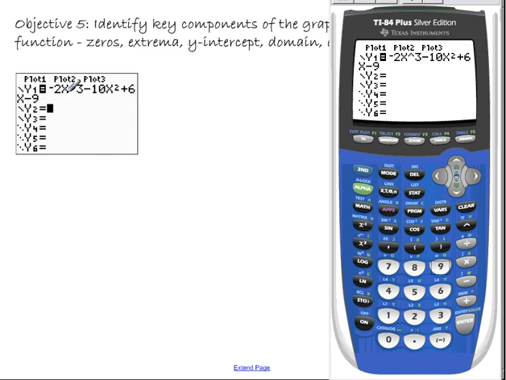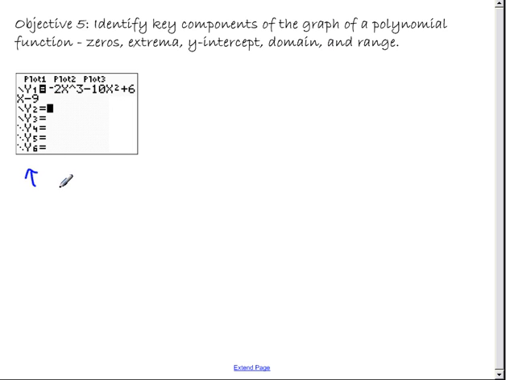The degree is 3 with a negative leading coefficient, so it should look like this on the ends. It can cross the x-axis at most 3 times, so it has to have less than or equal to 3 zeros. And how many times can it turn? 3 minus 1, which is 2. So it could have at most 2 turning points.